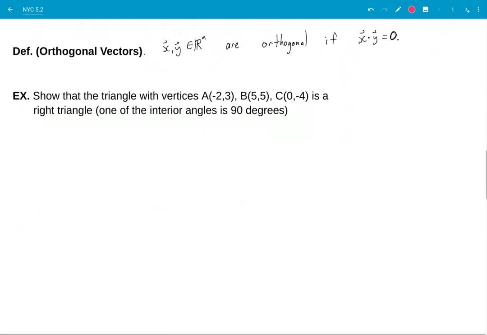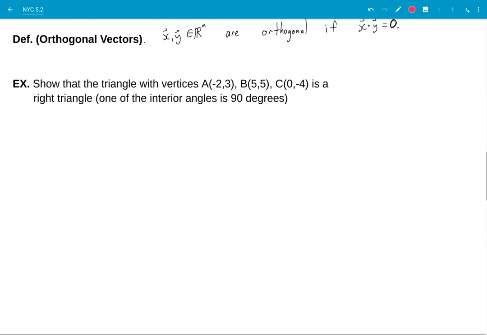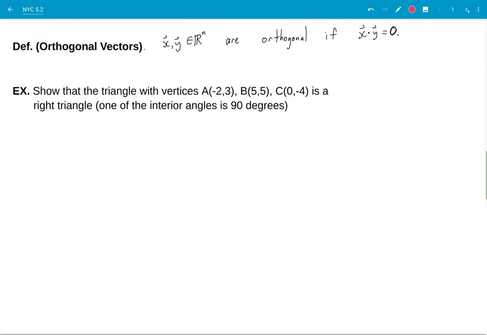Okay, let's try an example here. Pause and copy. Okay, so what does it mean to be orthogonal? Orthogonal is going to mean exactly one thing. It means the two vectors, when you dot them, you get 0. Nothing more, nothing less.